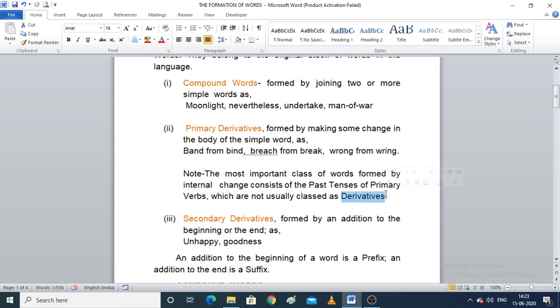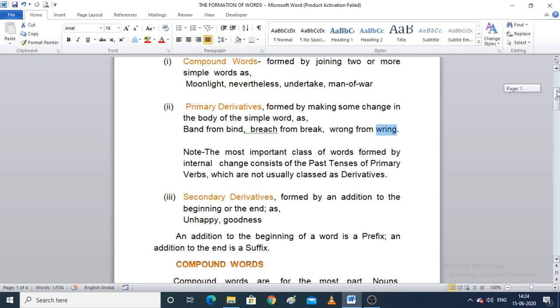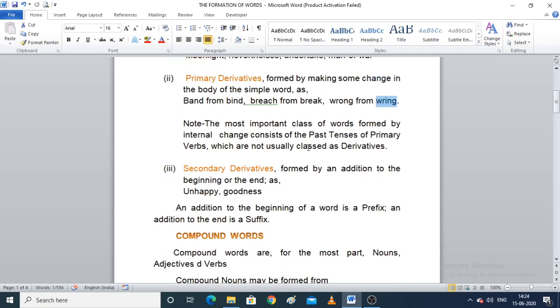For example, here we wrote wrong, which would be the past tense of ring. So this is an example that the past tense of a word is not known as a derivative of that word.